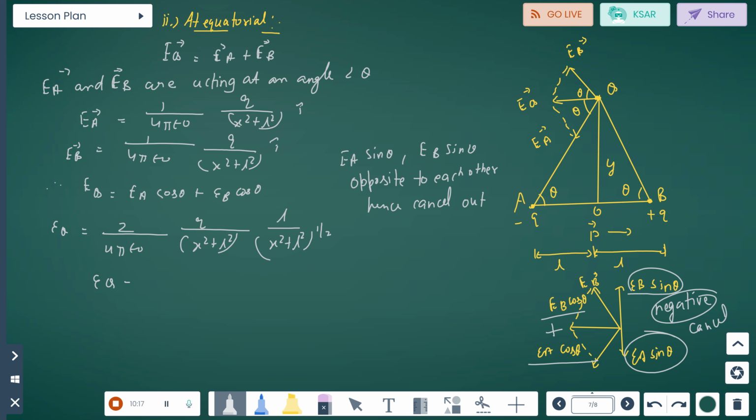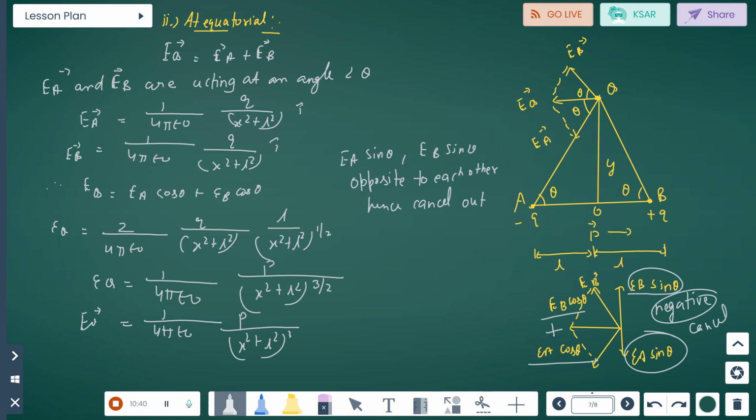So EQ equals 1 by 4 pi epsilon naught, after solving we get (x square plus L square) to the power 3 by 2. Okay, so EQ vector equals 1 by 4 pi epsilon naught P divided by (x square plus L square) to the power 3 by 2, minus I.